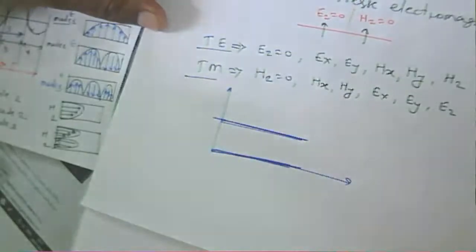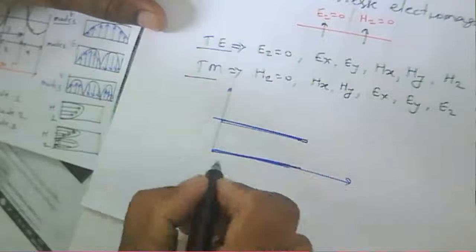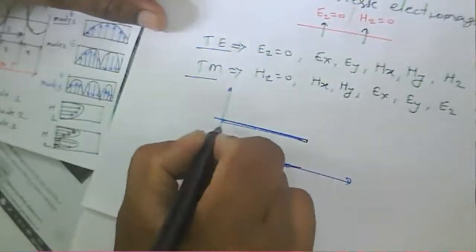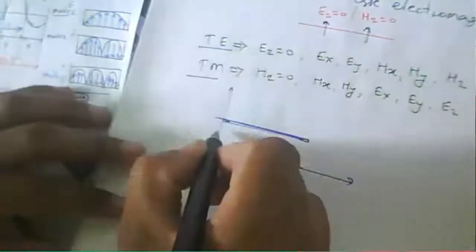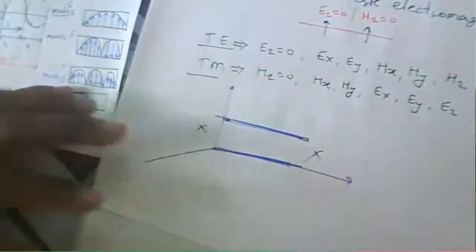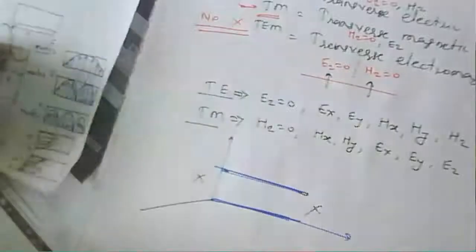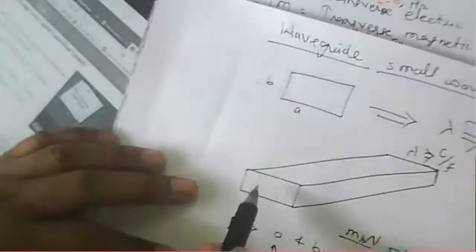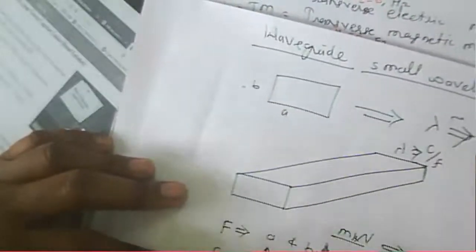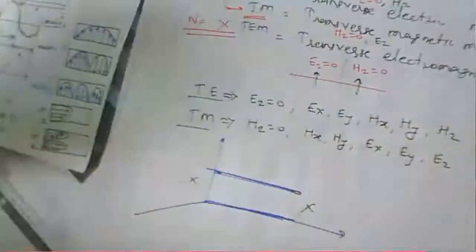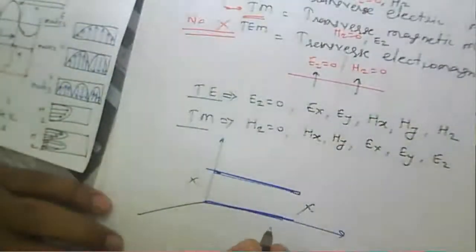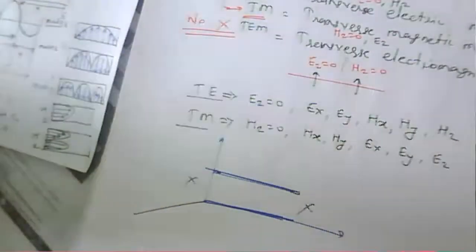This is plate 1 and this is plate 2, everything is the same. Just like two plates, but the sides are open, not filled. But in the case of a waveguide, the guide is filled. Just remember that a parallel plate waveguide and this one are both the same.